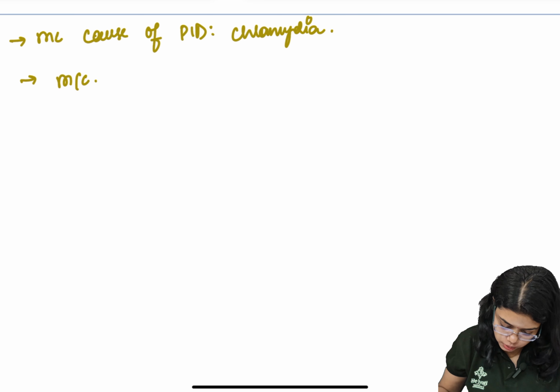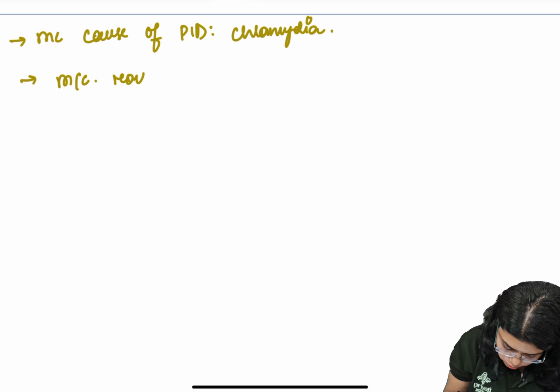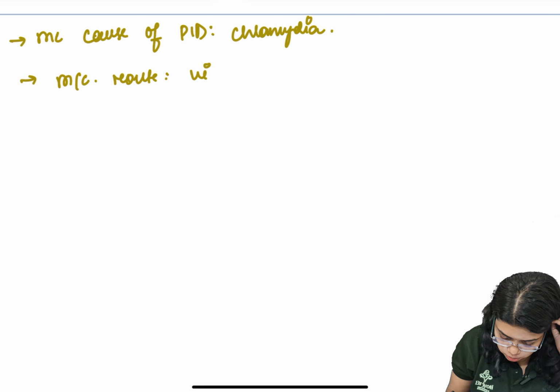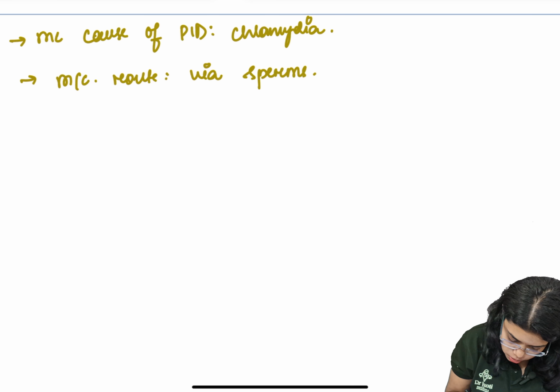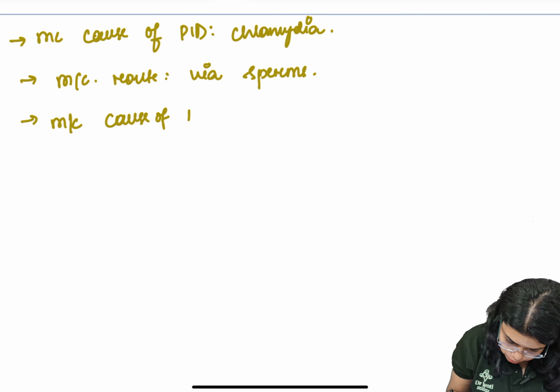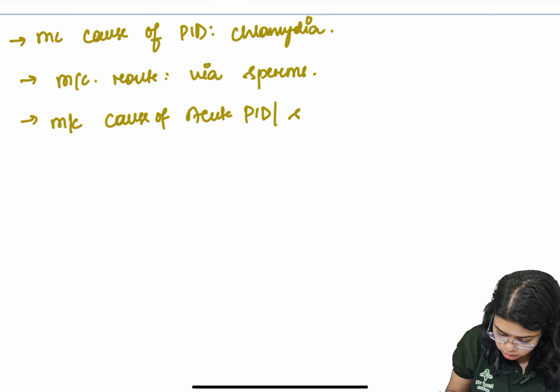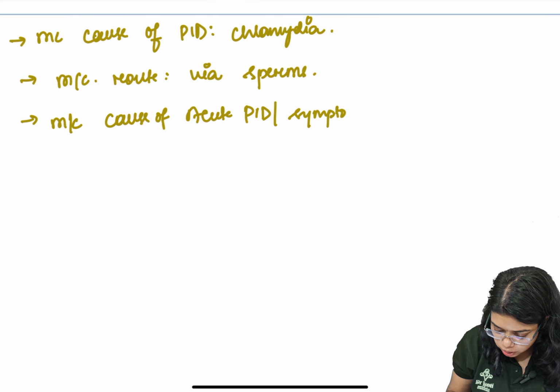That is ascending infection. Then what is the most common cause of acute PID, or symptomatic PID, that is severe abdominal pain or dysmenorrhea?